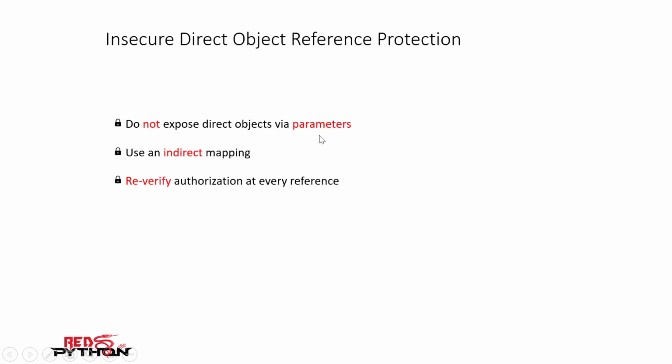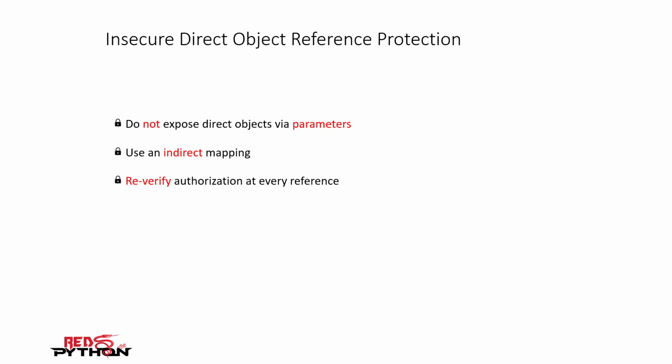The protection can be using indirect mapping. So instead of adding +1 to the profiles, you can use some kind of formula to refer to the next profile, right? It shouldn't be that obvious and straightforward to the attacker.